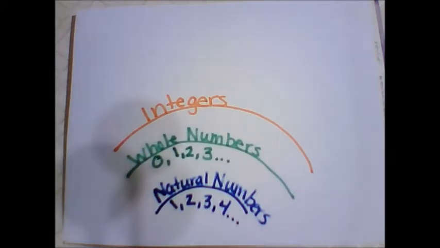The next grouping of numbers, integers, are introduced actually in 6th grade. We start learning about negative numbers as well as how they correlate with positive numbers and also negative numbers and their distance away from 0. Now, prior to 6th grade, you may have seen integers in science when dealing with temperature.